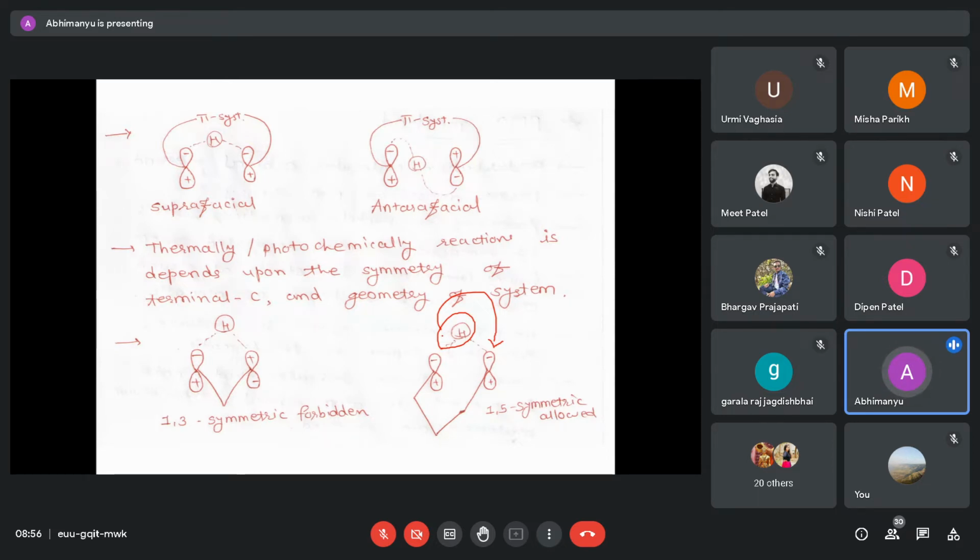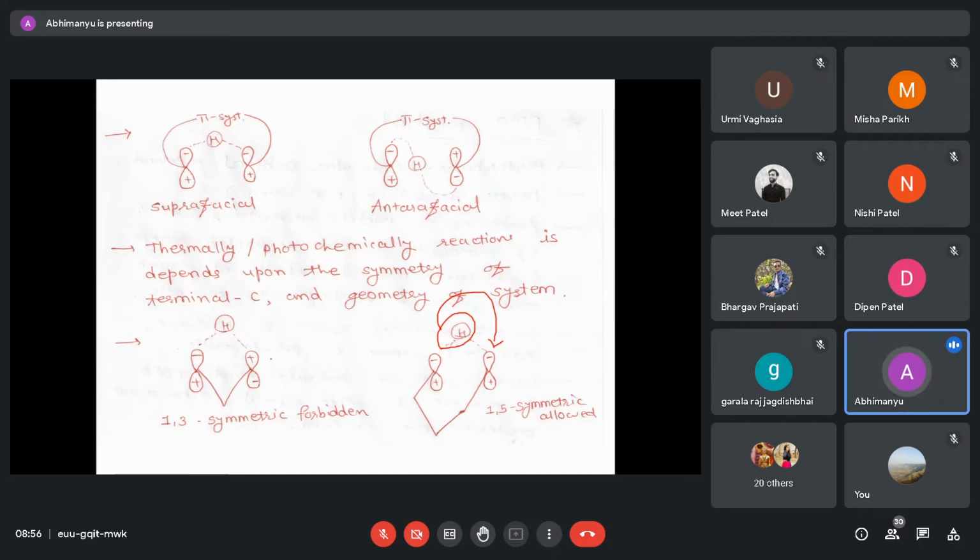So it will require less energy. And in our concept, less energy is thermal energy. So these are the selection rules.